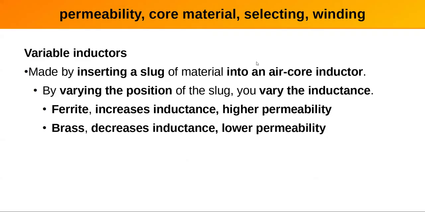I mentioned variable inductors, and usually you have some way of moving a slug of material in and out of a coil. Normally, it's an air core inductor, and then you're injecting some other material. Actually, it could be brass, where brass has a lower permeability than air, so you're really going to decrease it.